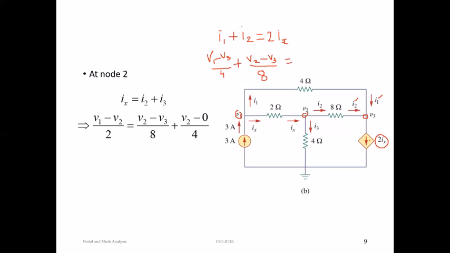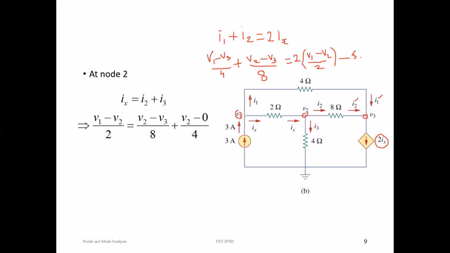It is a current dependent current source; we write the magnitude as it is. Ix is the current flowing from V1 to V2, so (V1 minus V2) divided by the resistance of 2 ohms. This is equation number 3.